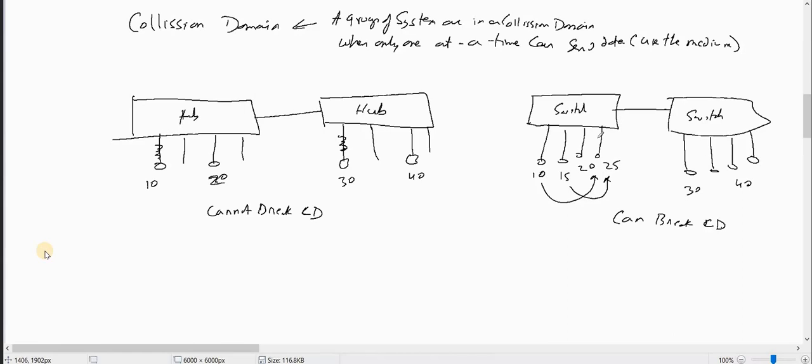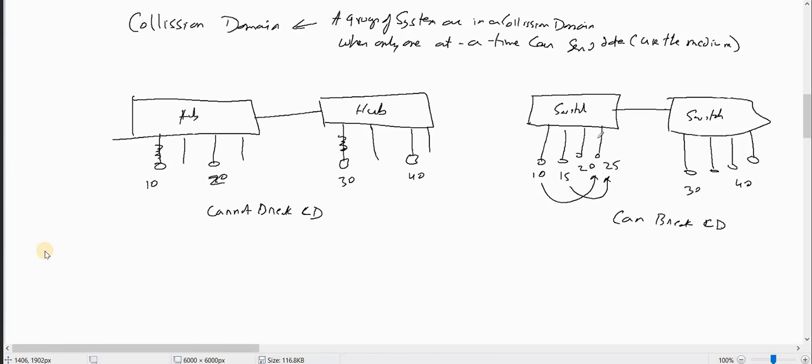Actually, the switch will sense the wire if any other host is sending on that port or not. If nobody is sending, it will send it. Otherwise, it will not. This is how it will stop the collision. This is also another answer I was expecting, which I would like to explain. Very close. Okay, two answers I got.